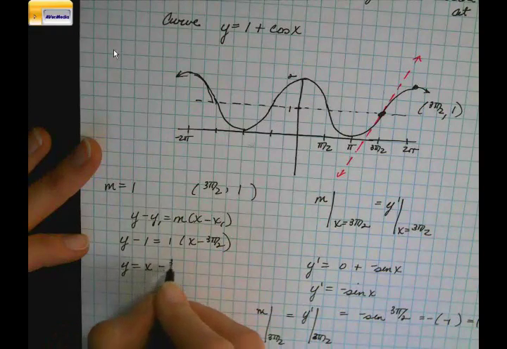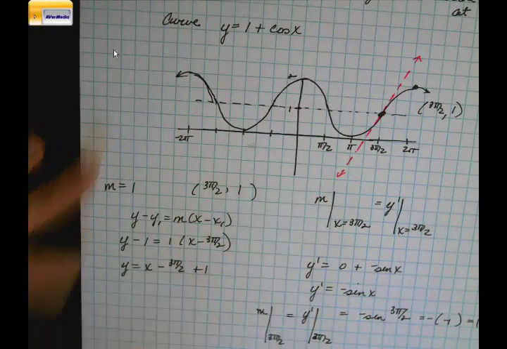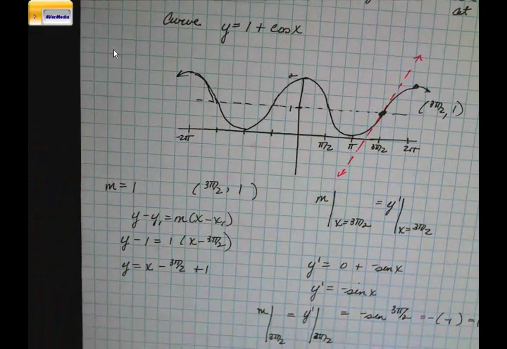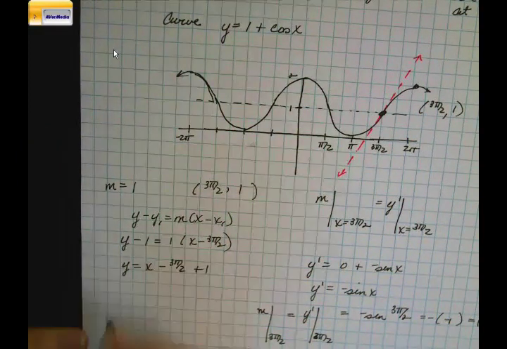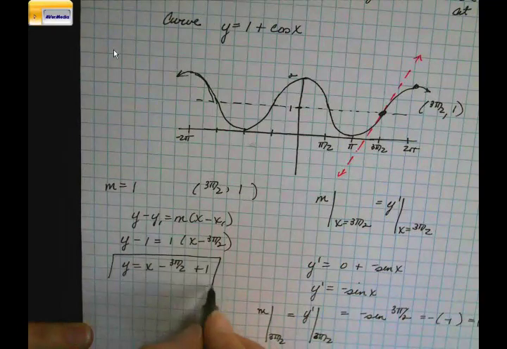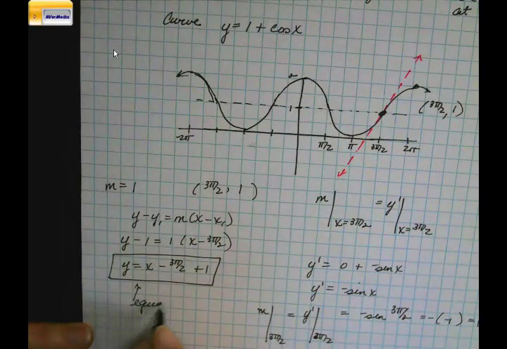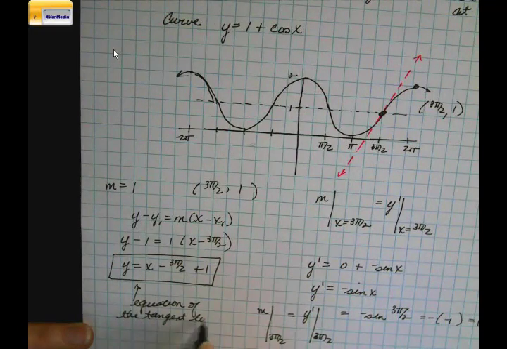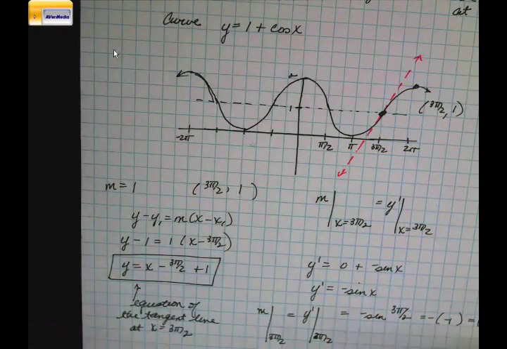So y equals x minus 3 pi halves plus 1, whatever that is, x plus some number. No, x minus some number. But this is the equation of the pink line, which is the tangent line to the curve, the equation of the tangent line at x equaling 3 pi halves.